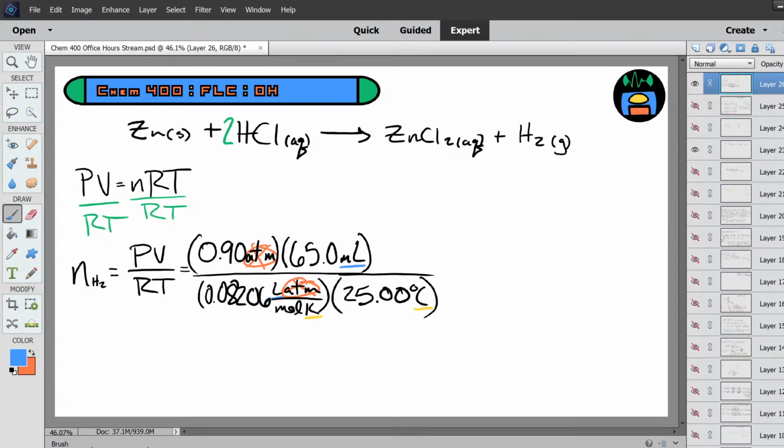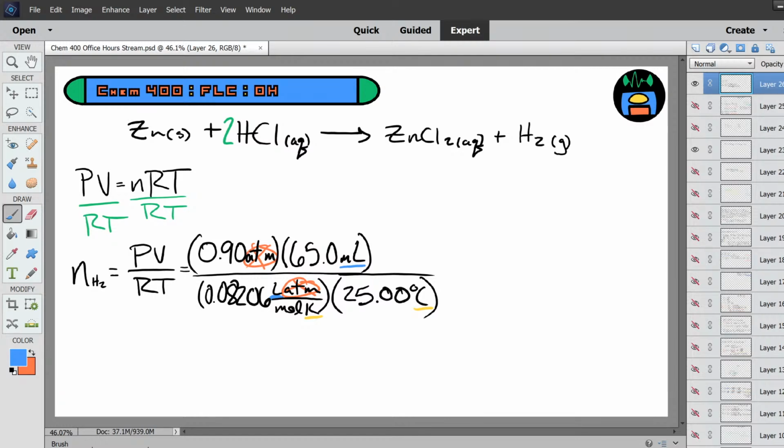Now, this is the reason you may have noticed that I meticulously always include units when I'm doing these problems. The reason why is often when I did this as a student, I would get to the end of a problem and my mind would be getting tired and I'd just be like, okay, let's punch this in, let's get the answer. And I would forget things like, oh, I need to convert milliliters to liters, so they're both the same. I need to convert Celsius to Kelvin, so they're both the same.